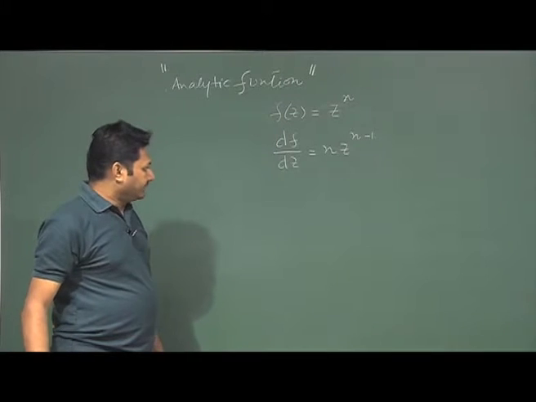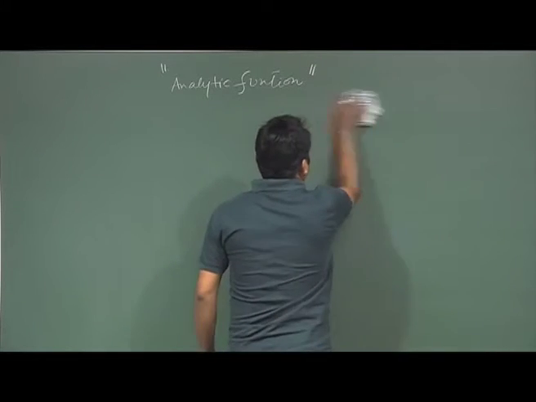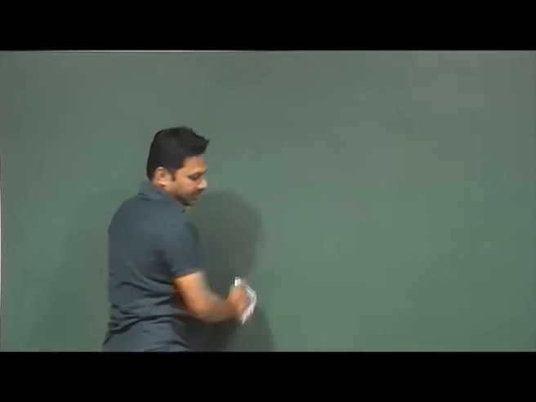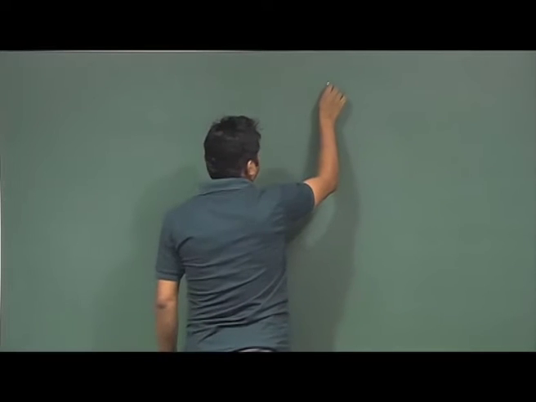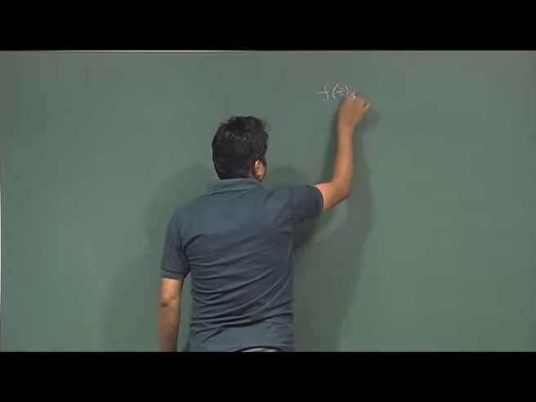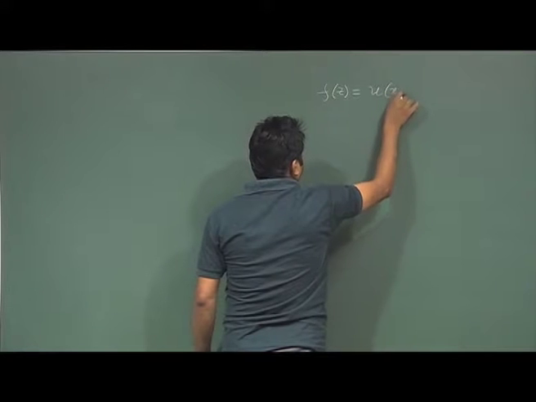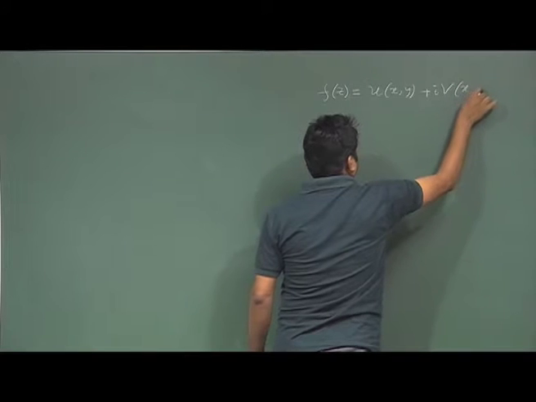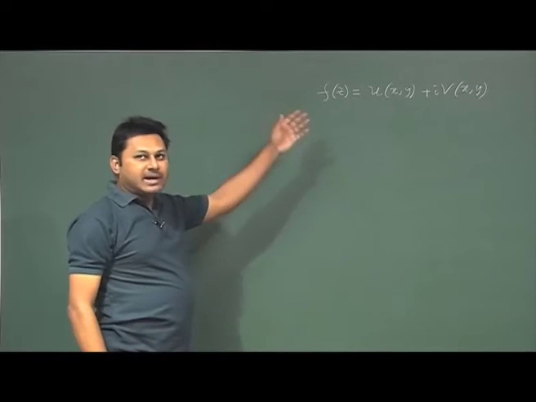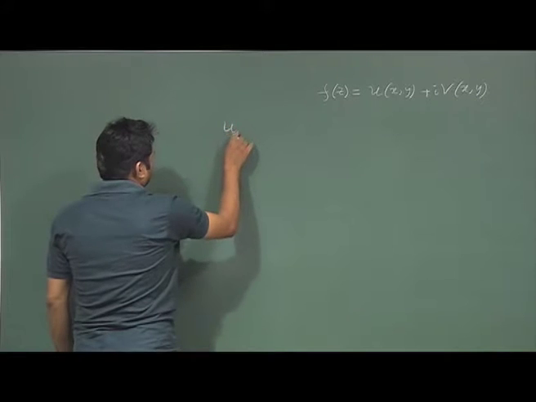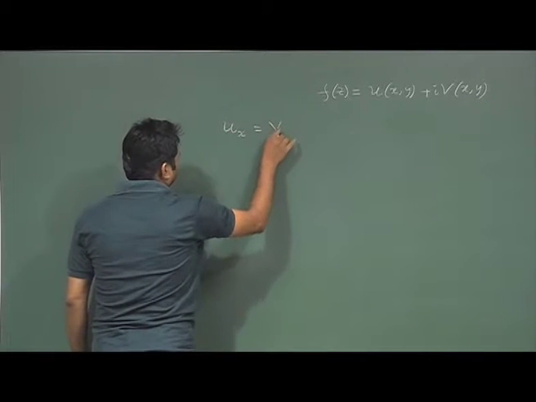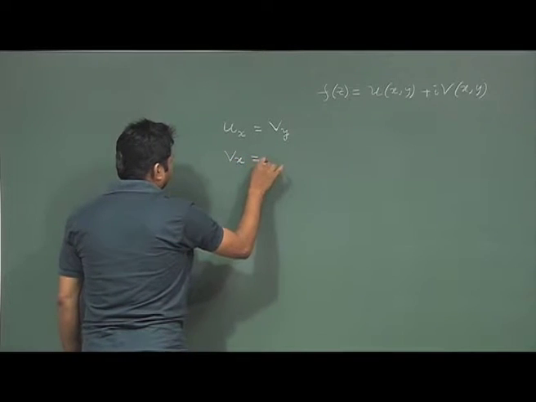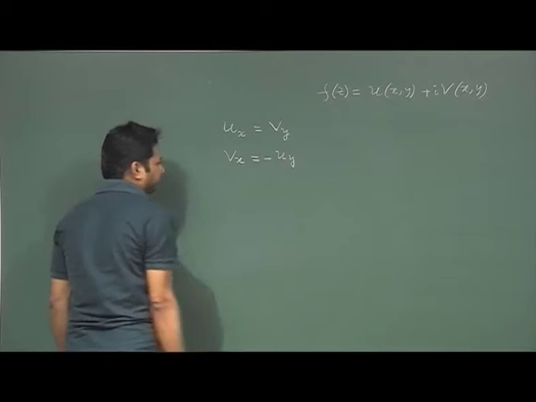Now, the next thing is that these analytic functions should obey, if the function is represented as u and v, both functions of x and y, this is the standard form, then u_x is equal to v_y and v_x is equal to minus u_y.